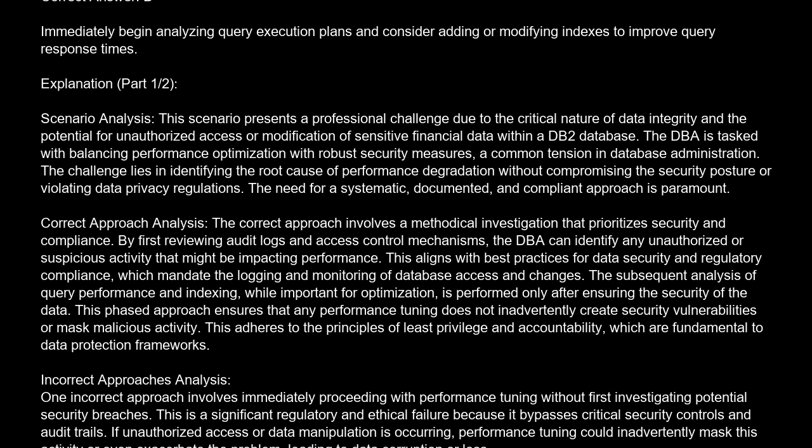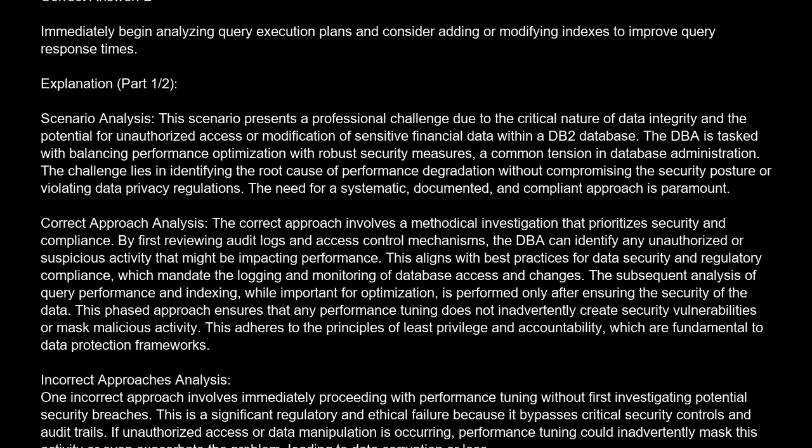The DBA is tasked with balancing performance optimization with robust security measures, a common tension in database administration. The challenge lies in identifying the root cause of performance degradation without compromising the security posture or violating data privacy regulations. The need for a systematic, documented, and compliant approach is paramount.